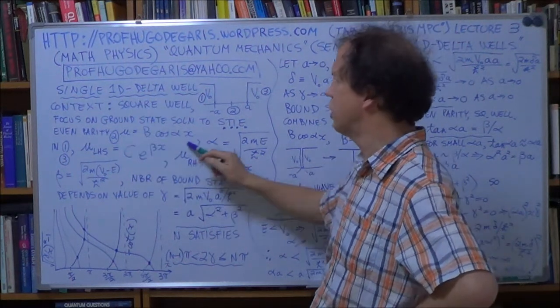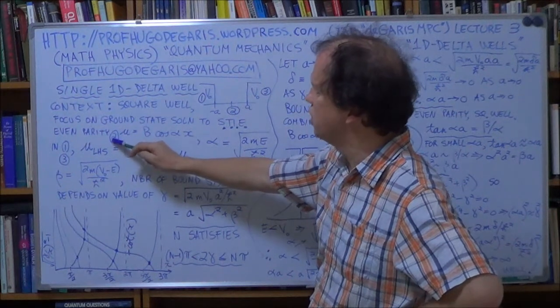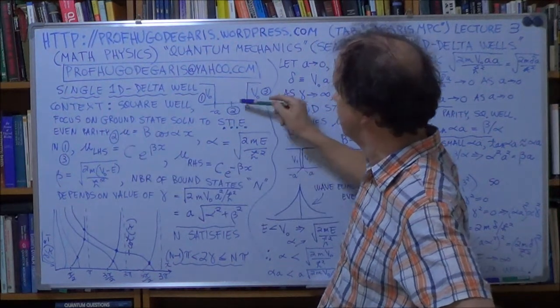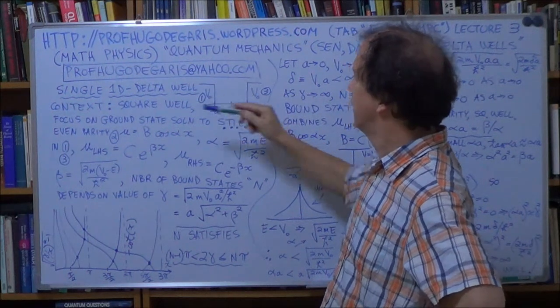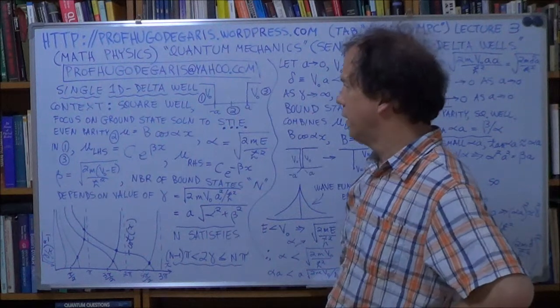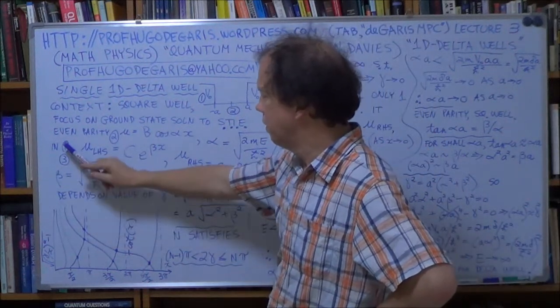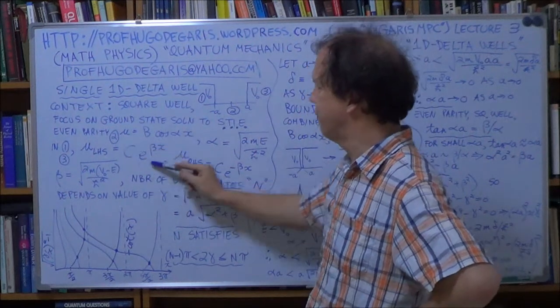Right? This is revision. So that's the solution for your wave function u in region 2. And region 2 is this region here. Region 1 is the left side, and region 3 is the right side, symmetric. So in region 1, your wave function takes this form.